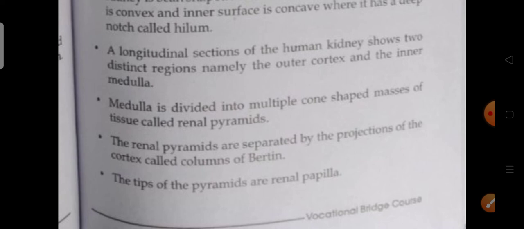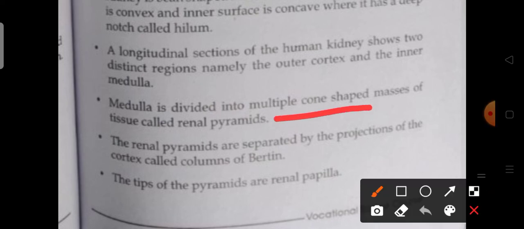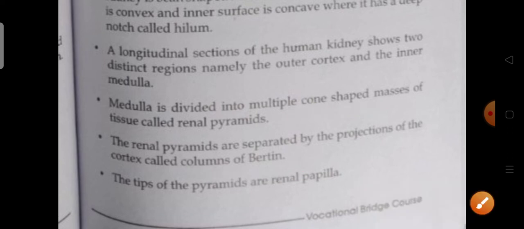The inner part is known as the medulla, the outer part is known as the cortex. The medulla is divided into multiple cone-shaped processes called renal pyramids. Renal pyramids are separated by projections of the cortex, the columns of Bertin. The tips of the pyramids are the renal papillae. It's clear?